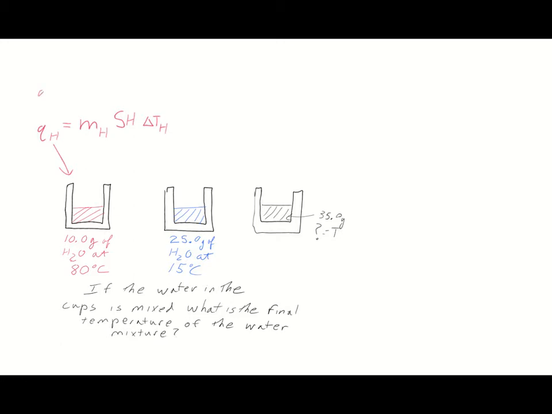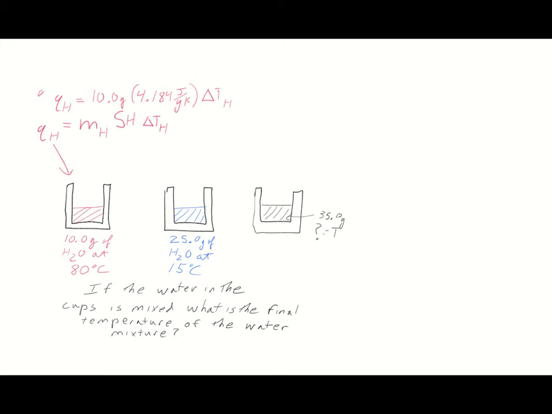So the Q of my hot water would equal a mass of 10 grams times the specific heat of water, 4.184, times the temperature change of the hot water. And we'll just leave temperature change like it is for the moment.